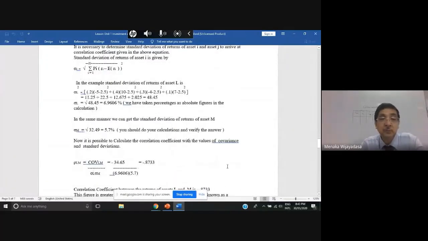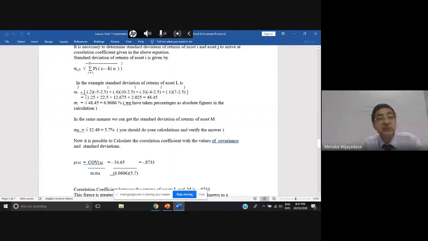Now, in order to calculate the correlation coefficient, you need to get the variance and the standard deviation of L and M calculated. In this example, the standard deviation of returns of L is calculated in this equation.